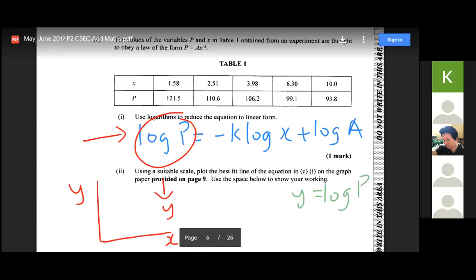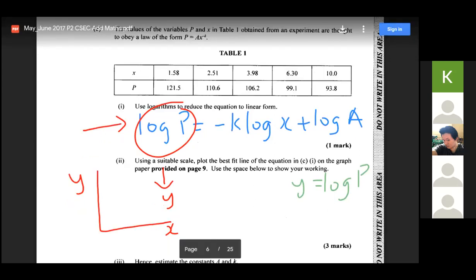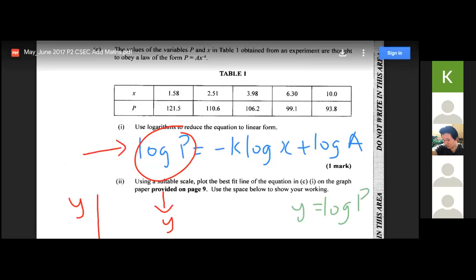So what would x be? Actually, no. What would m be? Can anybody tell me what would m be? Well, that tells me something.